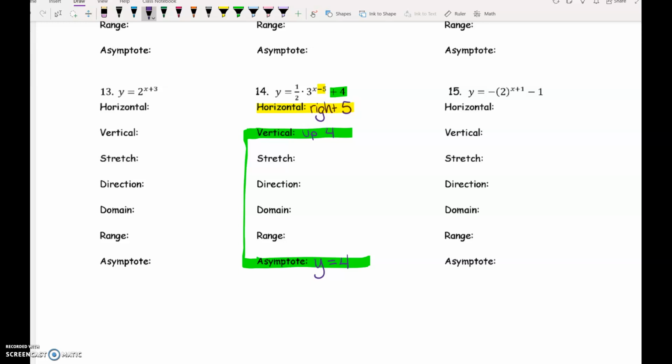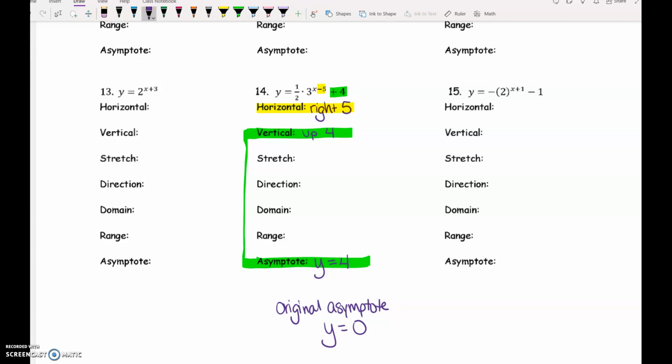So originally, the original asymptote, I'm just going to write this at the bottom of the paper, the original asymptote is y equals 0. If the graph moves up 4, the new asymptote is at y equals 4. If the graph moves down, the asymptote is going to be y equals negative however many units down this moved. So you may want to look at all these problems and just go ahead and write in the asymptote based on how this moved up or down.